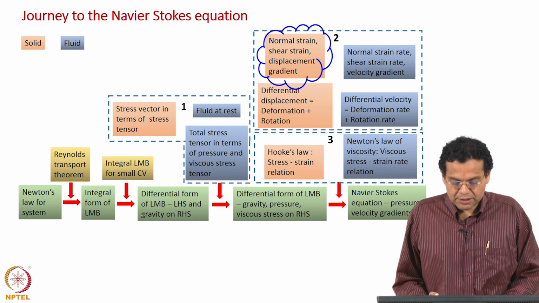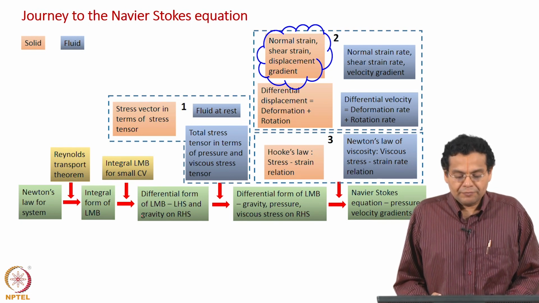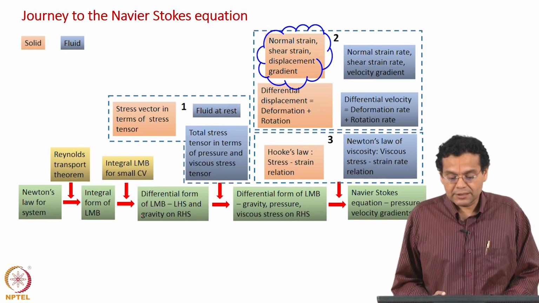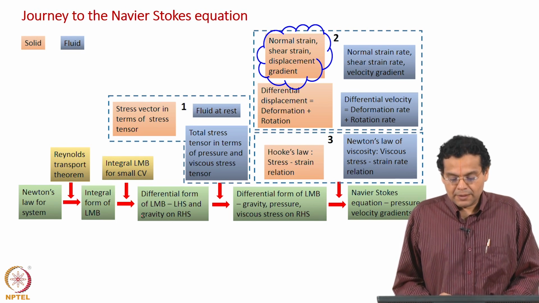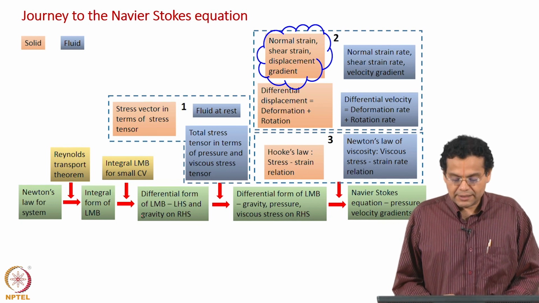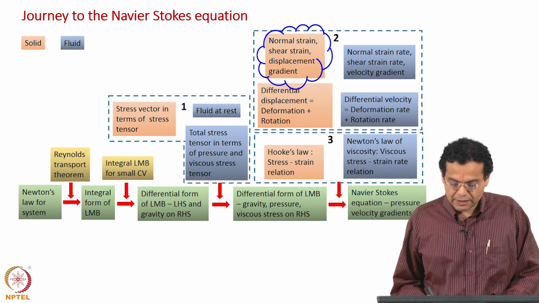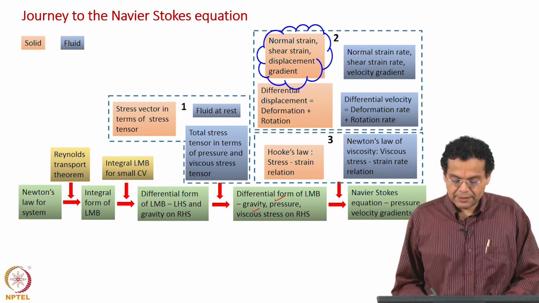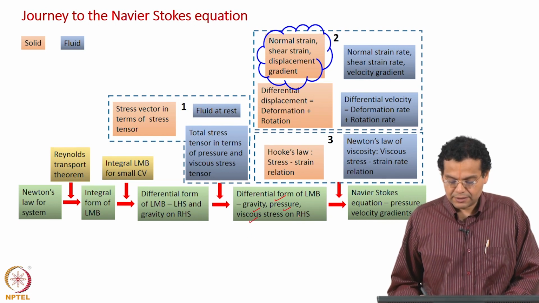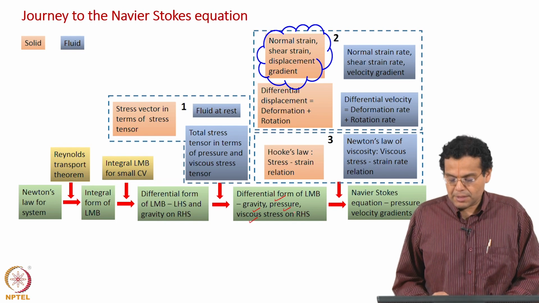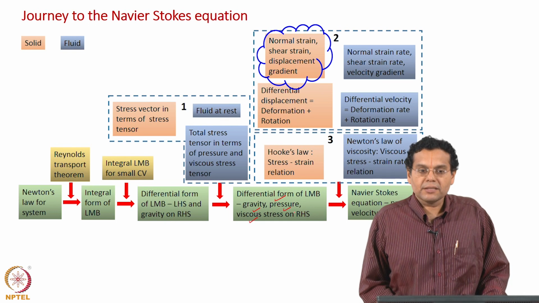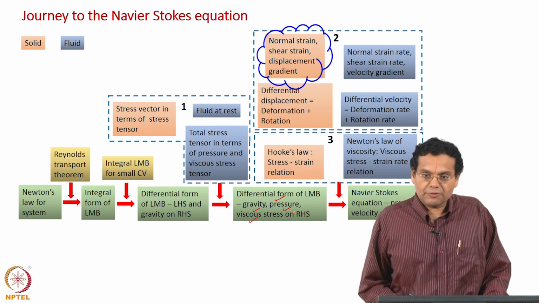To understand the surface forces on the right hand side, we took a diversion to solid mechanics, understood stress, came to fluids, understood total stress in terms of pressure and viscous stress, incorporated that on the right hand side, and derived the differential form of linear momentum balance, the complete form. We had gravity, pressure, viscous stress on the right hand side, but we are going to use this differential form of linear momentum balance to get velocity profiles.